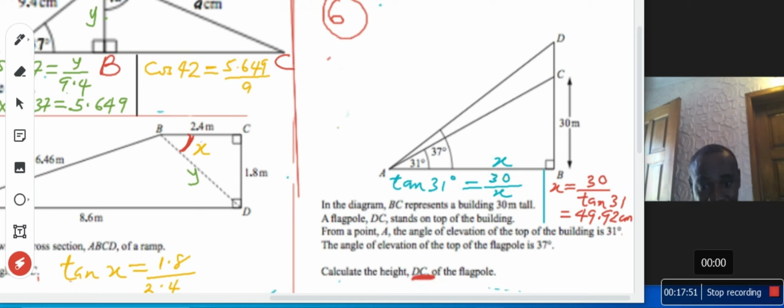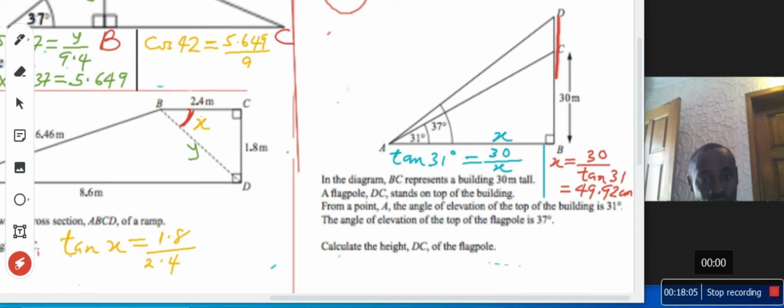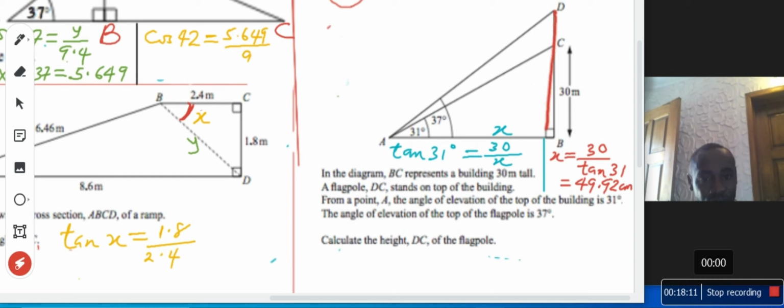We're asked to find DC. Now that we have found this place, we can find the whole of D to B. How do we find D to B using this big triangle?